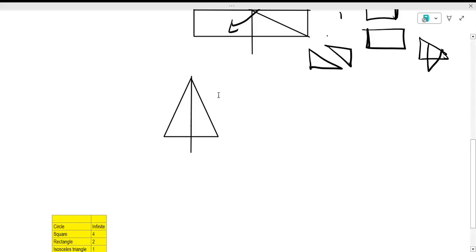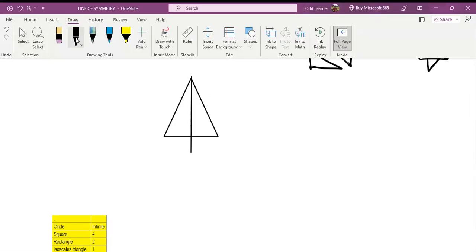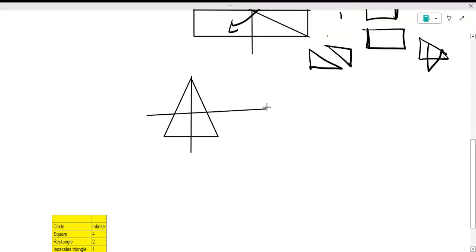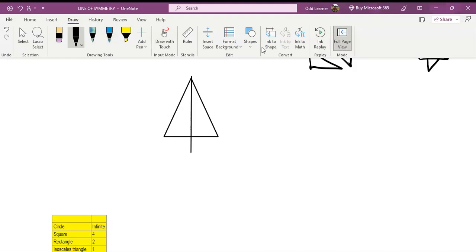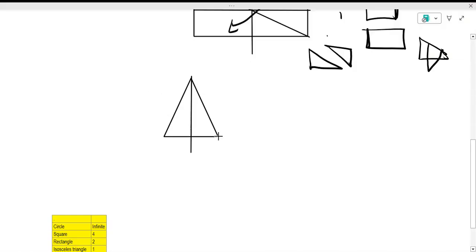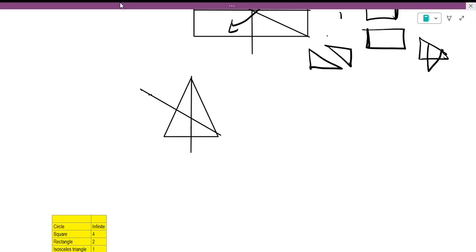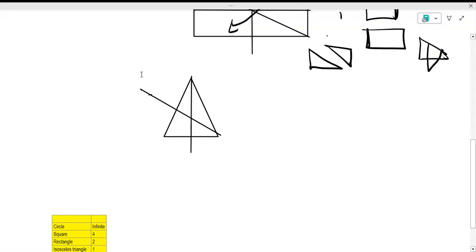If we try to draw, let's say, a line across here, say here, the two sides are not identical. Let's say horizontally, they're not identical. If we try to draw a line like this, maybe like this, sorry about my lines, the two sides are not going to be identical.